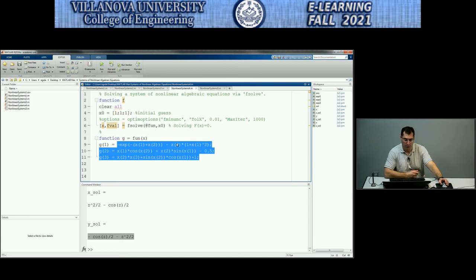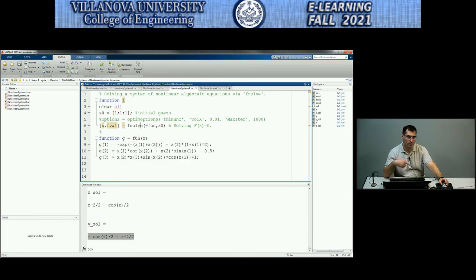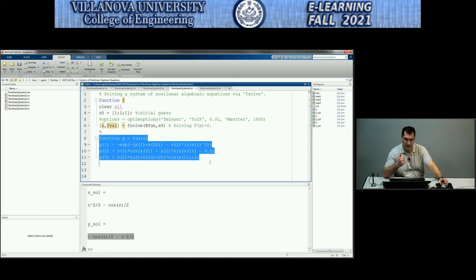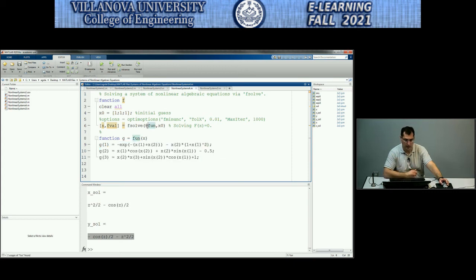MATLAB is going to solve this iteratively, every time calling up this subroutine called fun, until it hits the value of these expressions close enough to 0 within the limit of tolerance. So basically this is the structure.